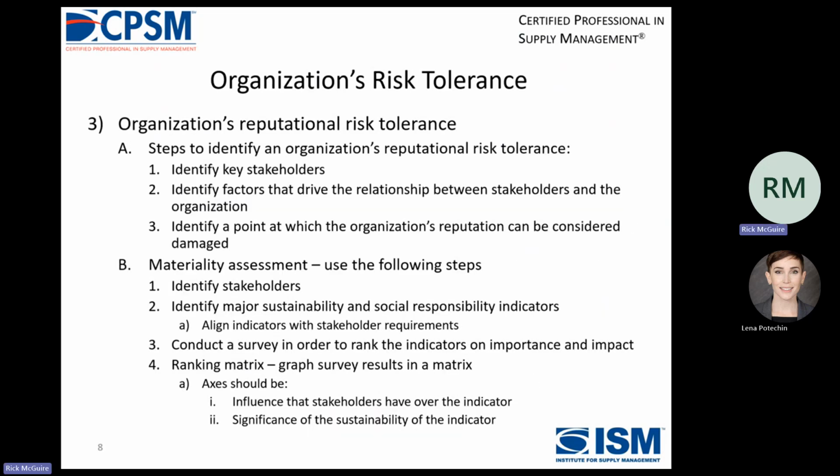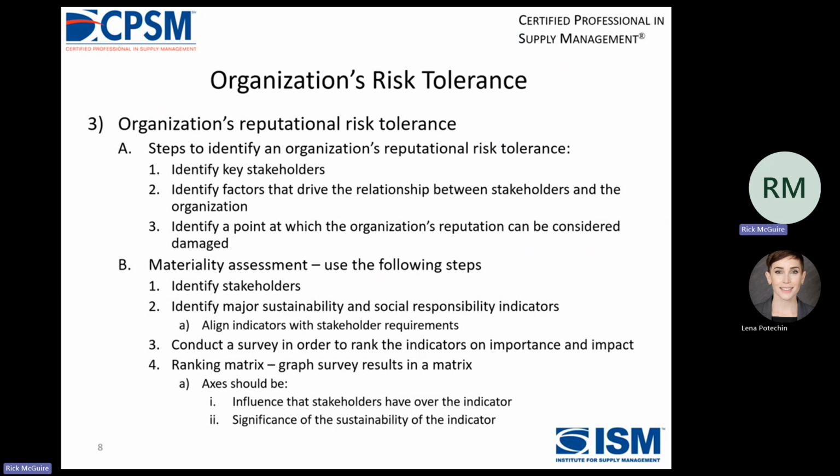Organization's reputational risk tolerance. So step 5, identify an organization's risk tolerance, talk with your stakeholders, and identify the factors that drive the relationship between the stakeholders and the organization, and then identify a point at which the organization's reputation can be considered damaged.